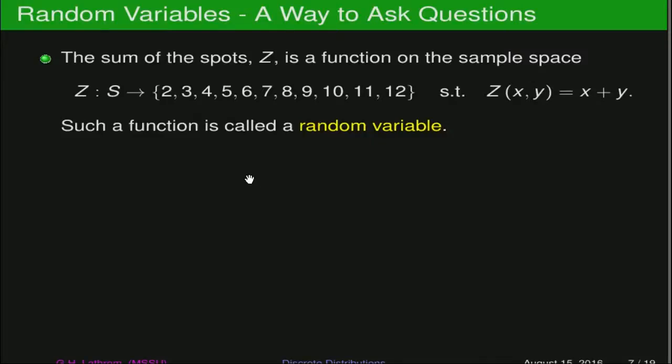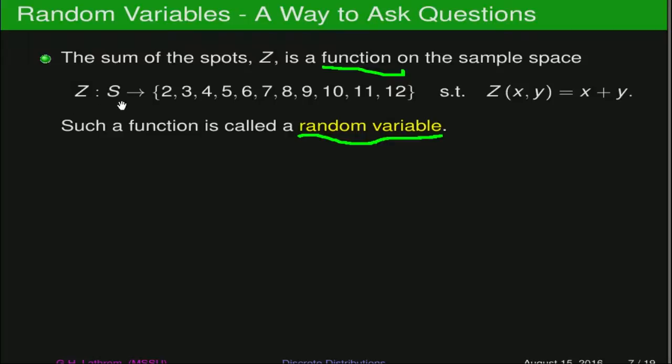The way that we actually get at the sum of the spots is to use something called a random variable. Now, the random variable will end up being one of those super important concepts that we're going to use throughout our discussion of probability and statistics. So, what is a random variable? Well, a random variable is nothing more than a function on the sample space.